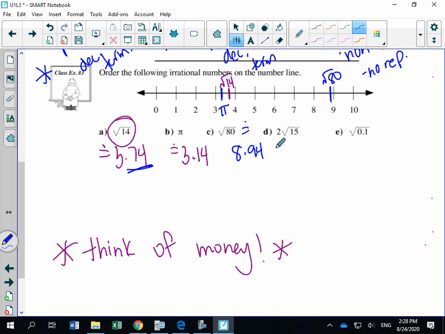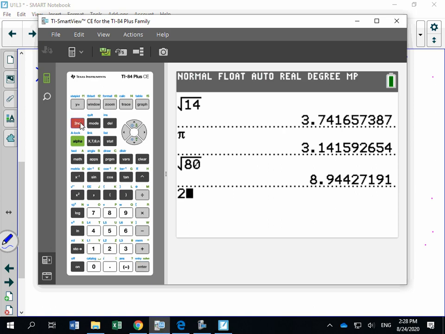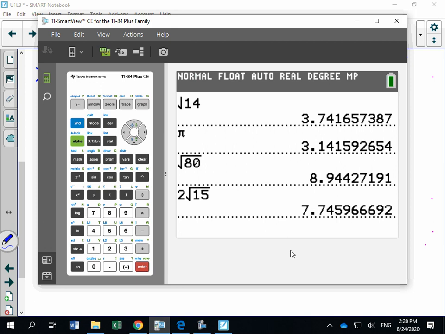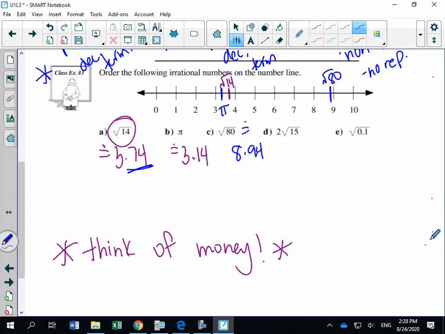2 root 15. How you enter that on your calculator is 2 root 15. $7.75 if I round up. So that's approximately equal to $7.75, which I'll put right here, 2 root 15.